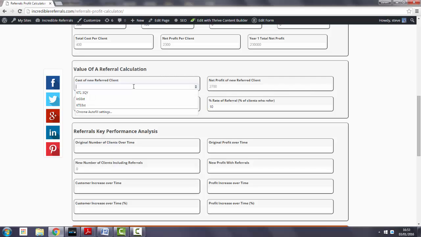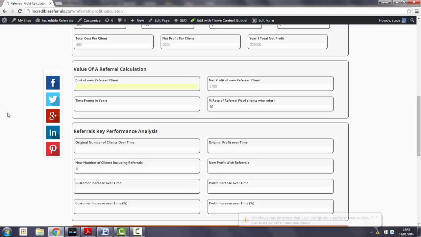The original gross profit of the electrical company was £2,700 above, and all I'm going to do is put in a nominal amount of say £50 to acquire a referred client, which can be 0, or a tiny bit more, but 50 is quite high. So I'm going to put in that figure, 50.